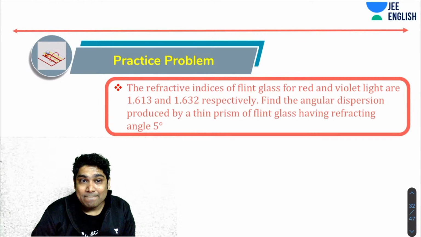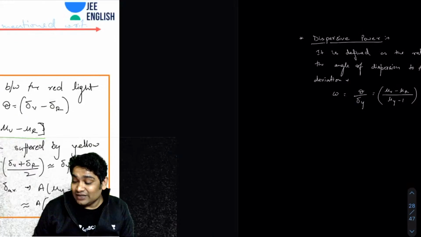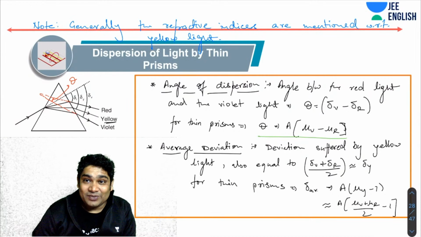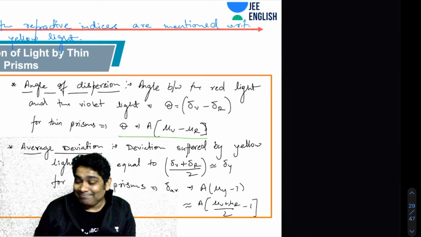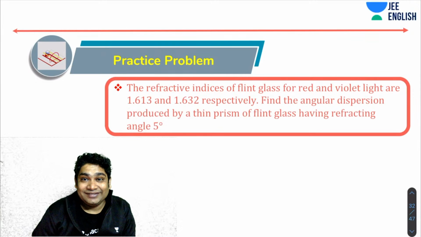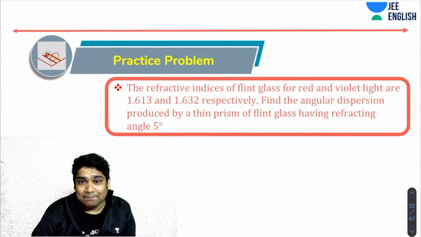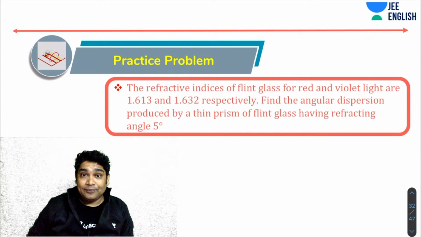Again, this should be super easy. We just discussed it. In case you don't remember, the angle of dispersion theta was A times (mu of violet minus mu of red). So you don't have to do anything else, just apply the formula directly. It'll be roughly around 1 degree.